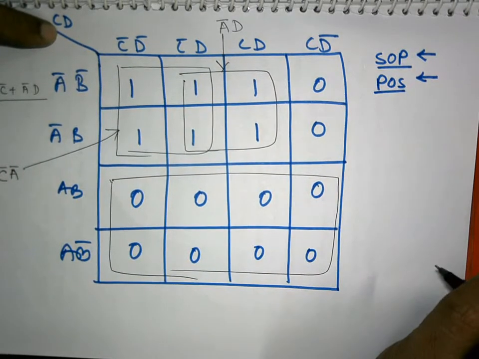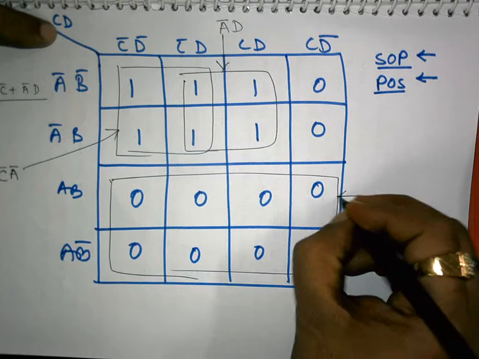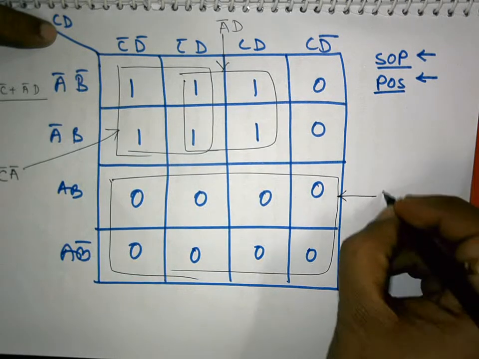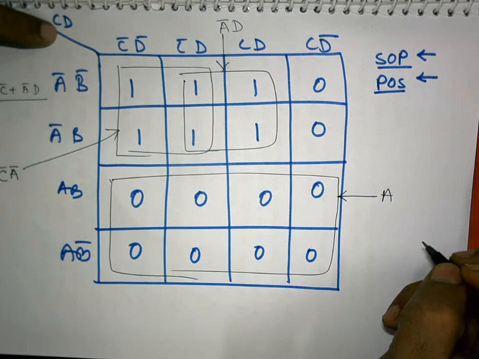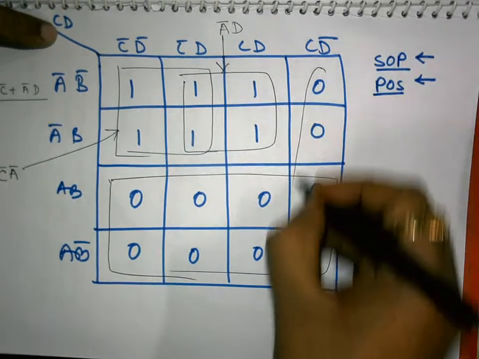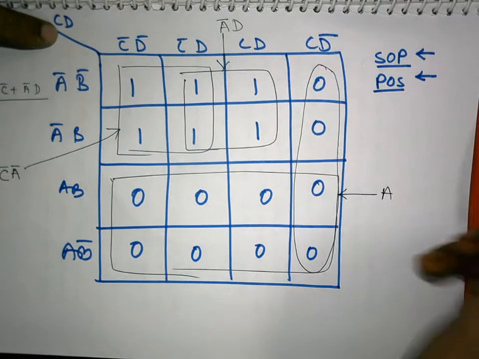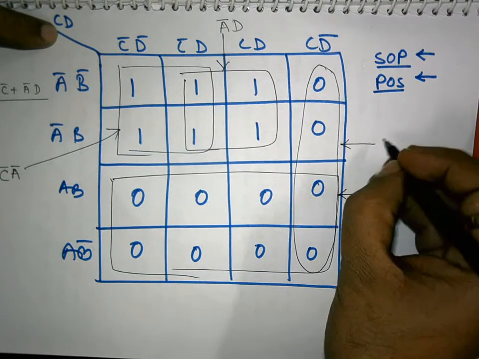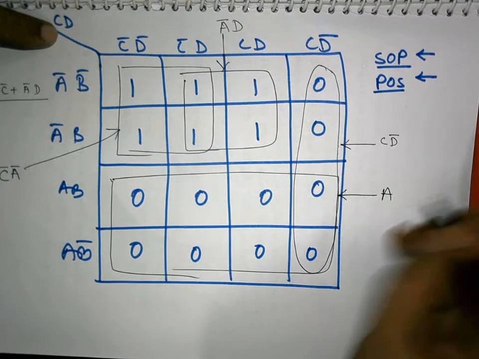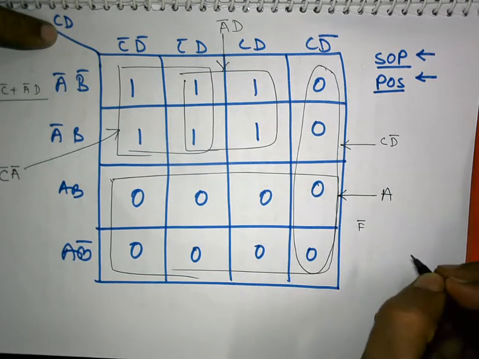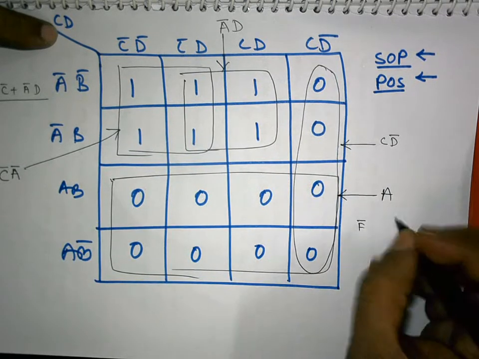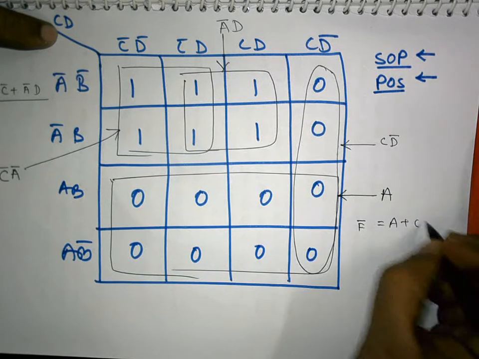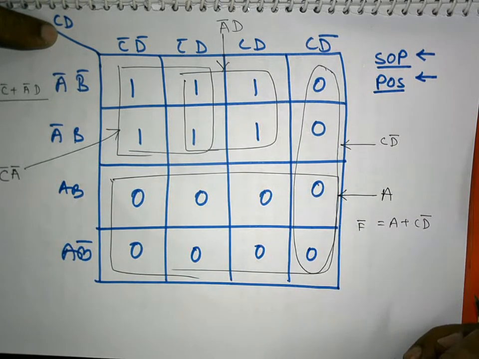One of the groups is this, and what will come out of this? A, simply A. And then one of the biggest groups is this, and what will come out of this is CD bar. So F bar will be equal to A plus CD bar. This is F bar.